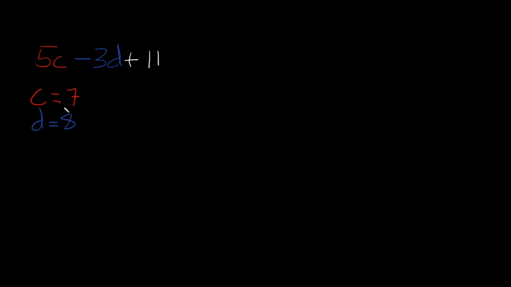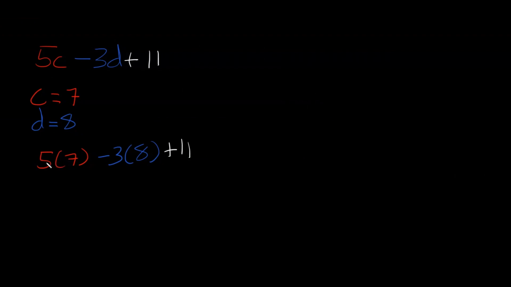So we can plug in our values. C is equal to 7, so we will plug in 7 for c, and then plug in 8 for d. So we will rewrite this as 5 times 7 minus 3 times 8, and then plus 11.